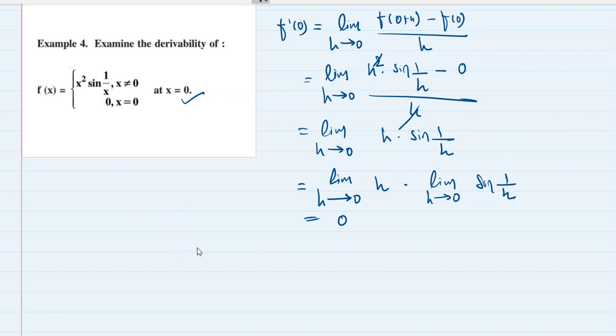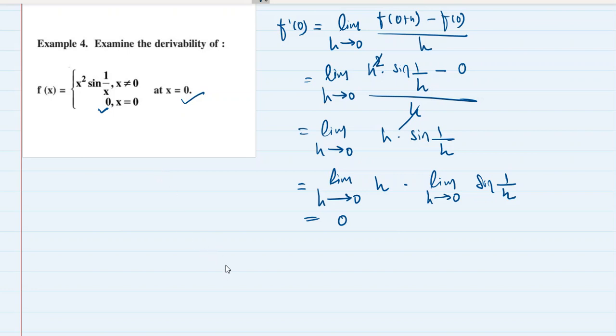So we can say that at x is equal to 0, the limit of the function when we approach 0 is 0, and at 0 the function acquires the value of 0. So is it differentiable or not?